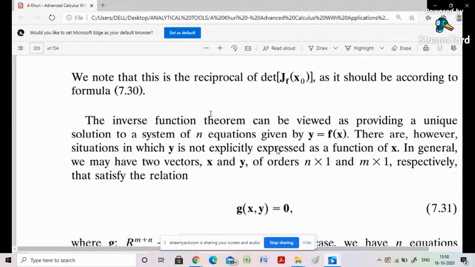So we have to address that problem, the situations in which y is not explicitly expressed as a function of x.